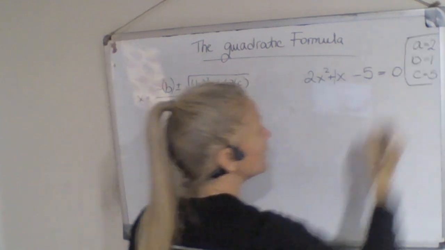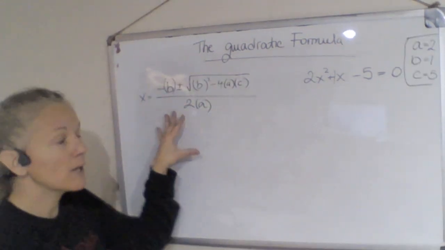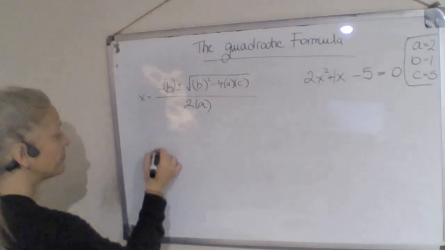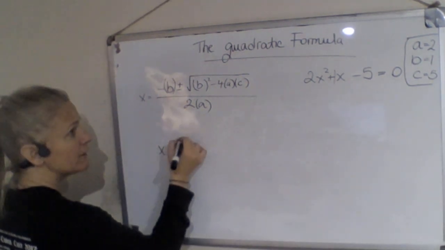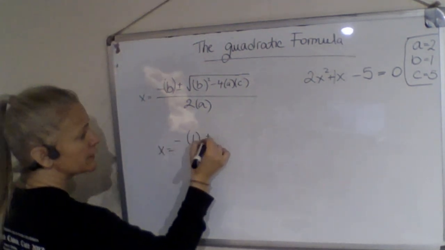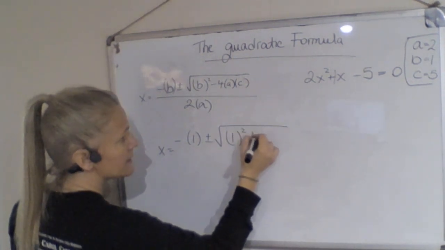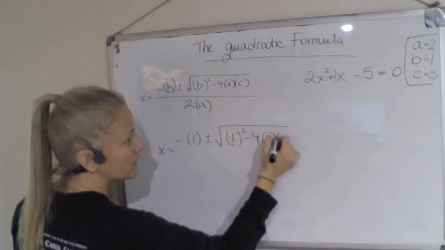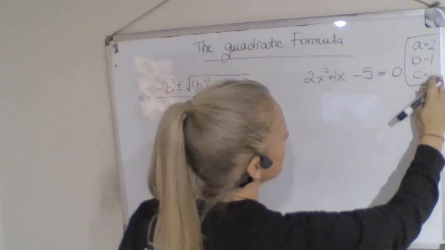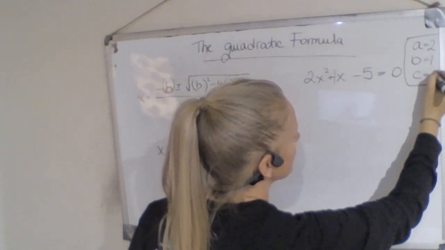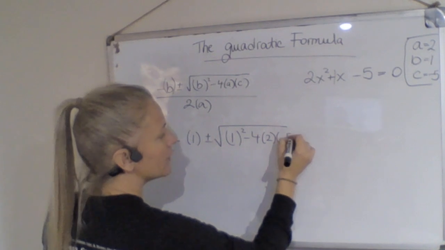These are my numbers. And now we're going to apply this formula and find the solutions of this problem. x equals negative b, -1, plus or minus square root of 1 squared minus 4 times 2 times, oh, this is -5, guys. -5.